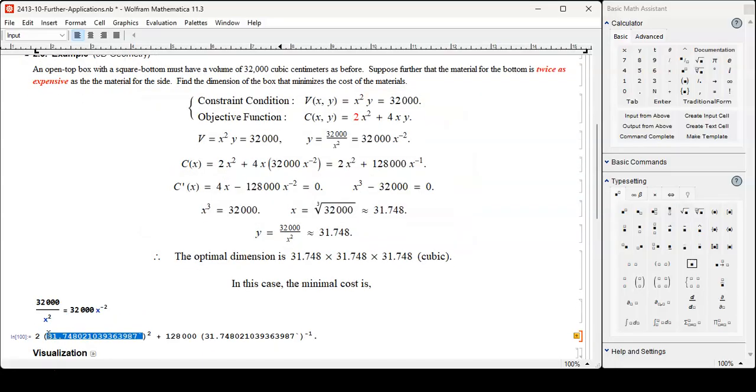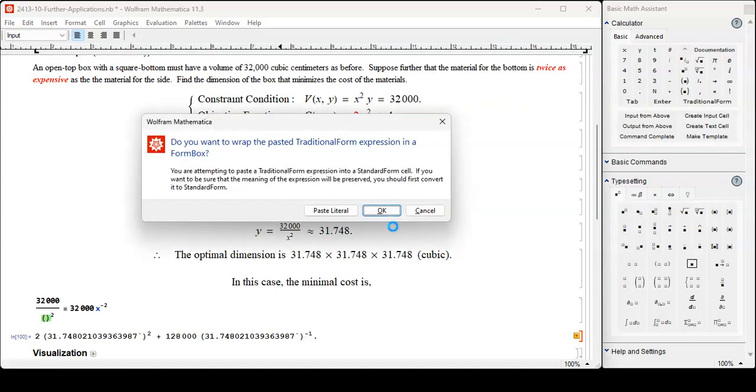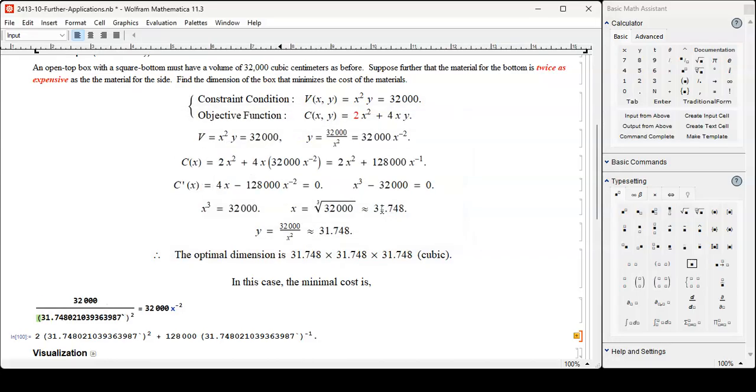And then I'm plugging in this. No, that's not the right expression. This is the right expression.